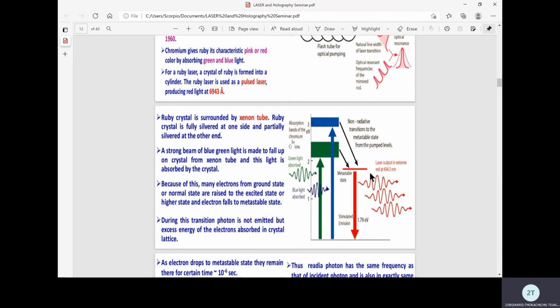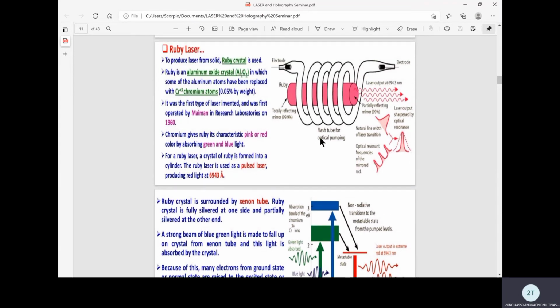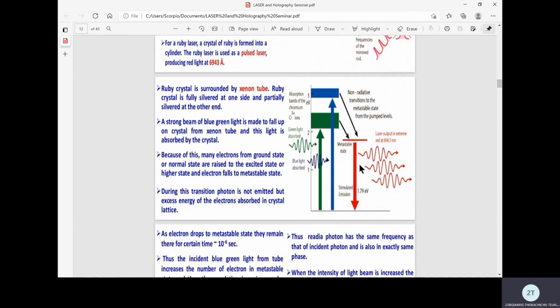where the electron stays for 10 power minus 3 seconds. And here the electrons keep getting accumulated in this state for 10 power minus 3 seconds, and after that they undergo what is called stimulated emission, since they are struck by energy photons from this optical pumping xenon flash tube once again, and release what we call photons, two photons for each photon which struck them.